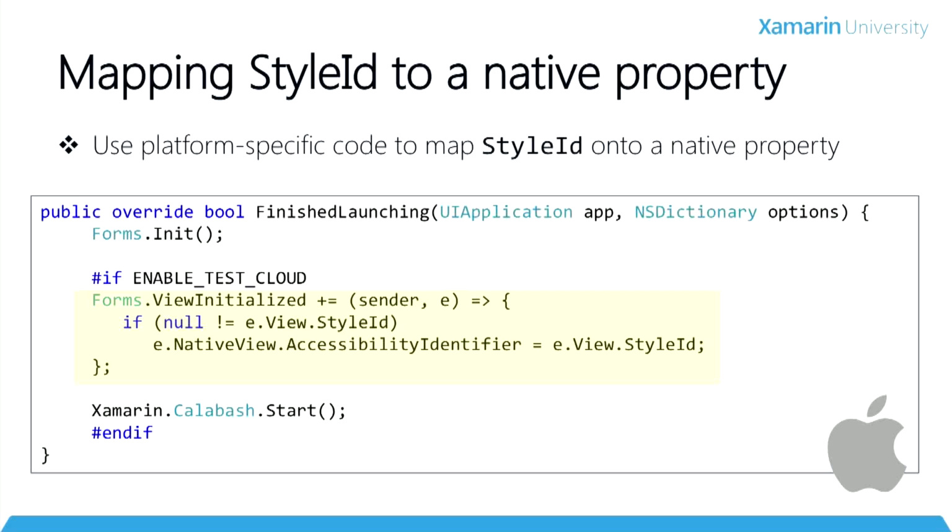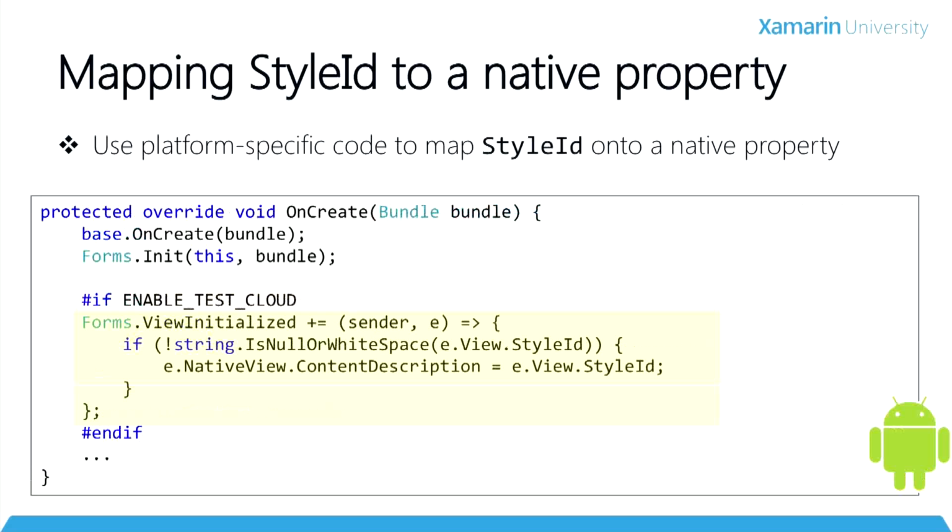In this event handler, we can copy the StyleId from the passed in view over to the passed native view's accessibility identifier. Remember that the marked method searches this property. This will make our views findable through the StyleId value in our tests. Also, as you can see here in the slide, make sure to start the automation server in your iOS application.